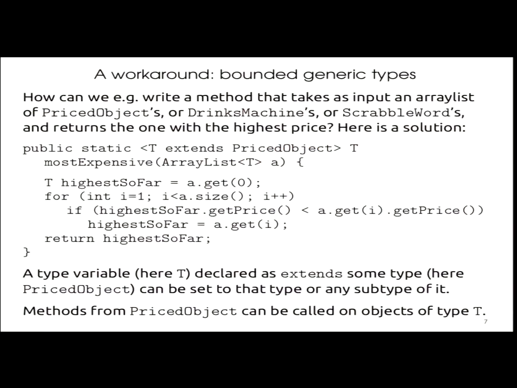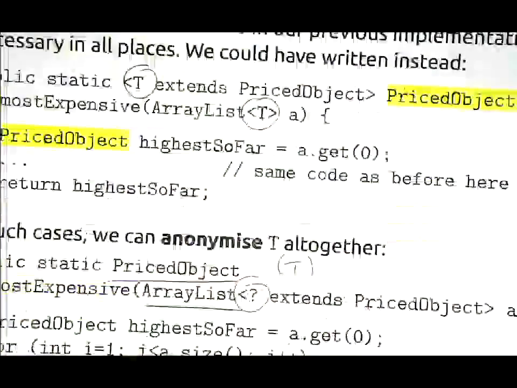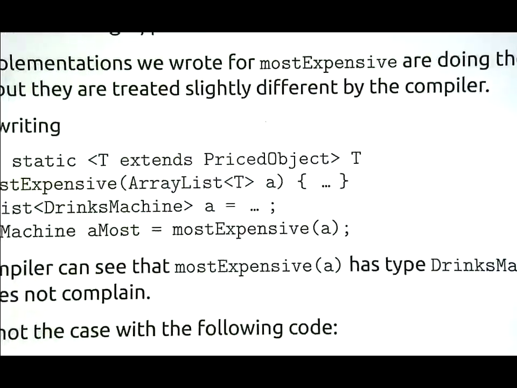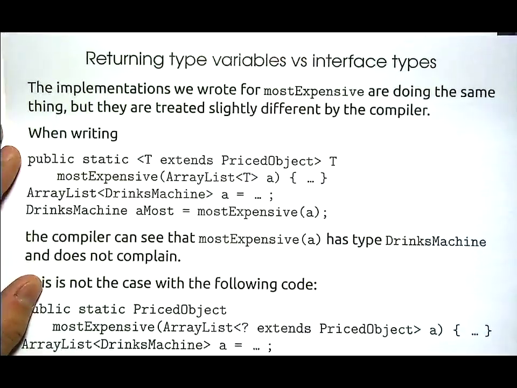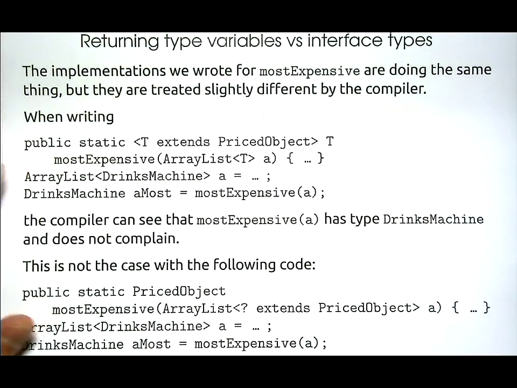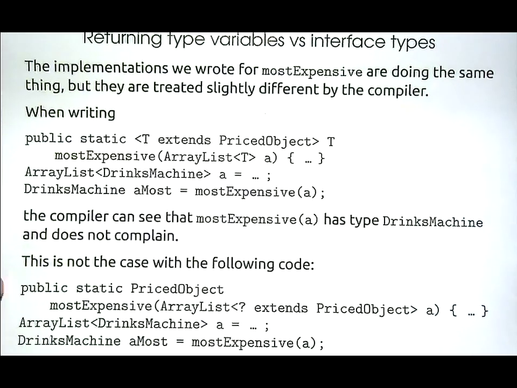So this brings us to the next item, which is, we said that returning type variables or anonymizing them can be the same, but actually, while they're doing the same thing, they're treated slightly differently by the compiler.